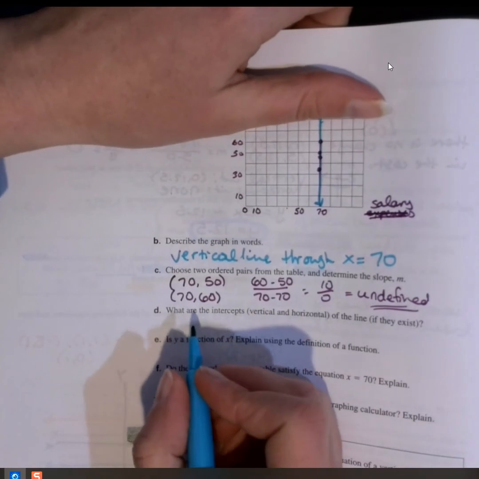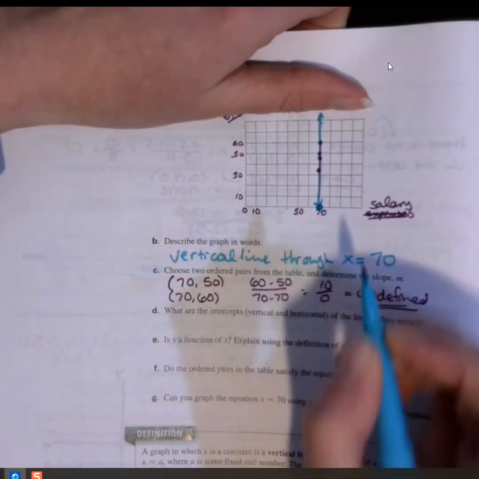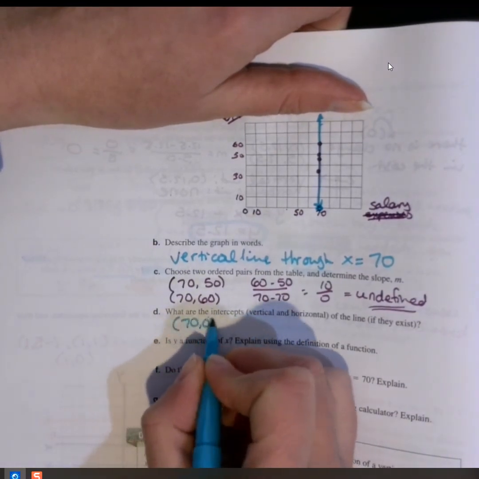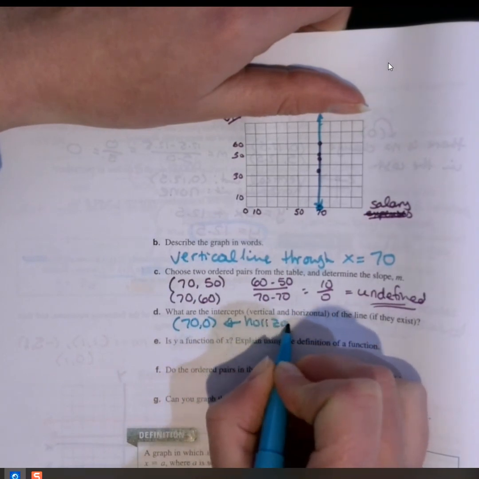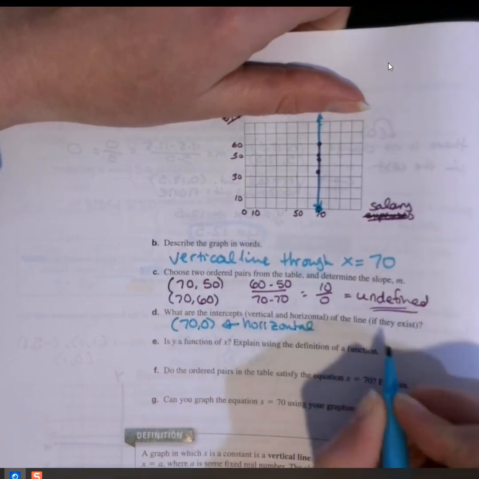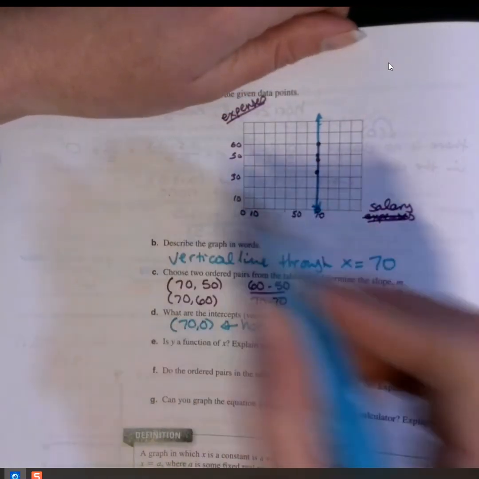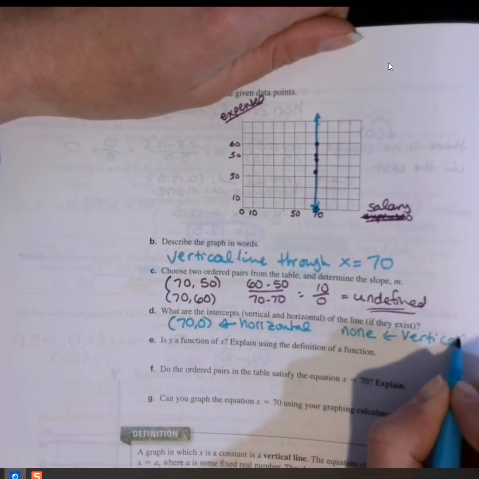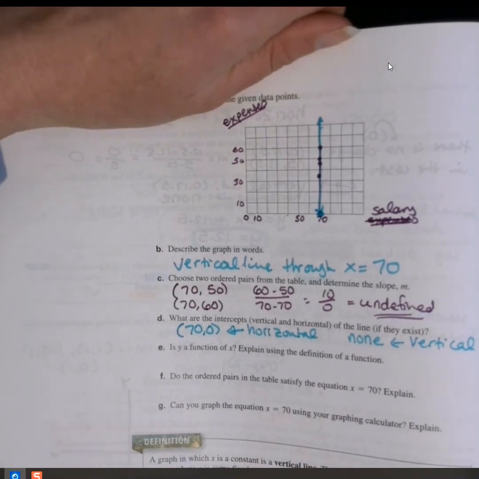What are the intercepts, vertical and horizontal? There is a horizontal intercept down here at (70, 0). That's my horizontal intercept. For vertical, there is none, because the line is not going to cross the vertical axis. Next, is this a function?